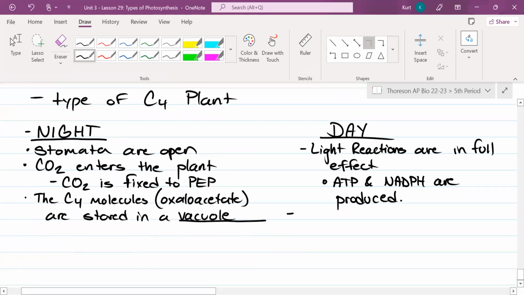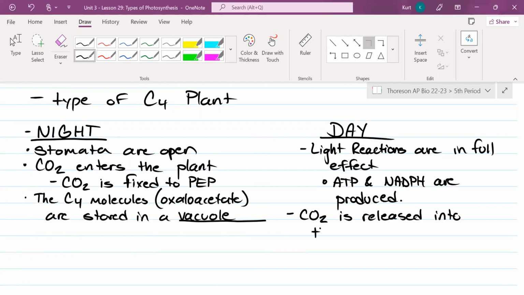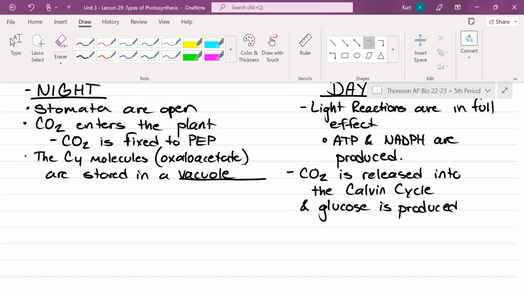Once that happens, CO2 is released into the Calvin cycle, and glucose is produced. By the way, stomata are closed during the day.